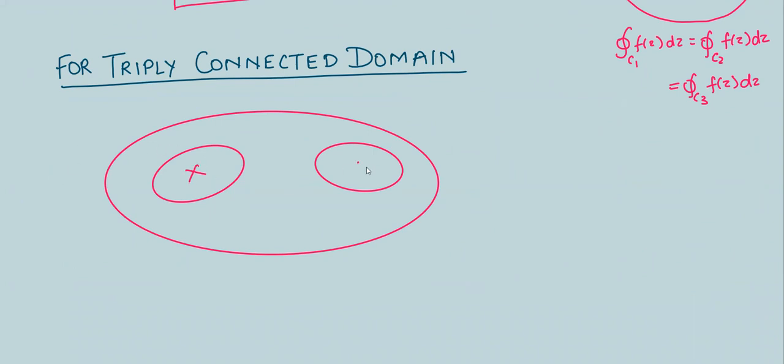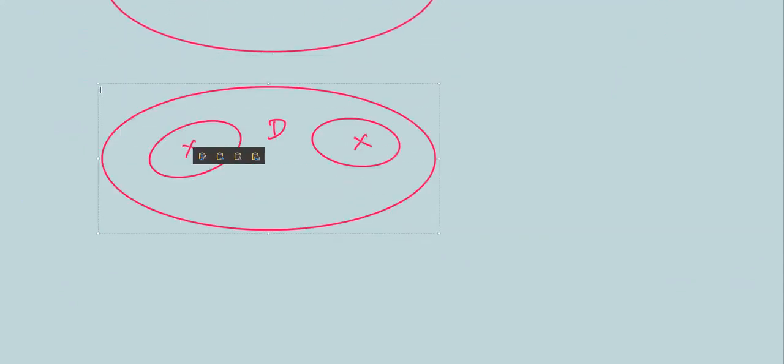D is not defined here. D is not defined here. D is defined here. Okay. What do we do?